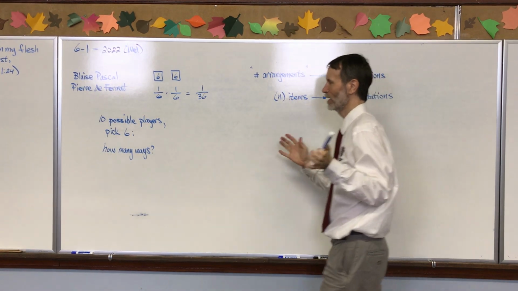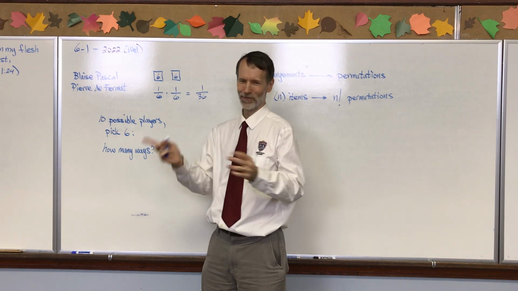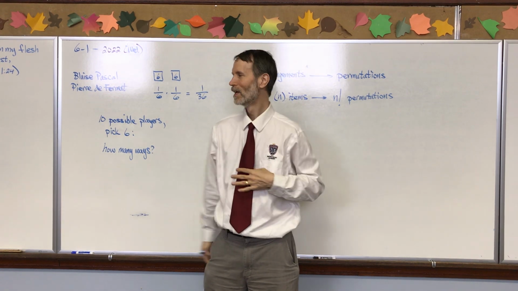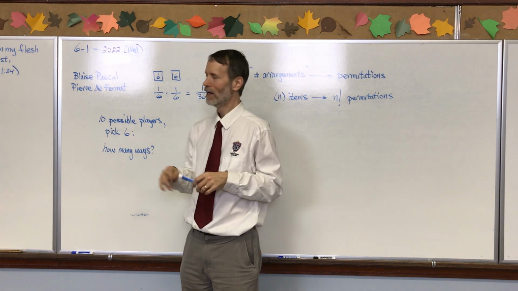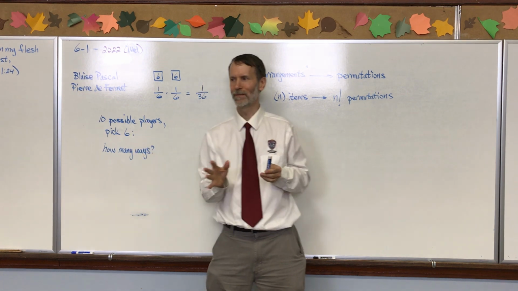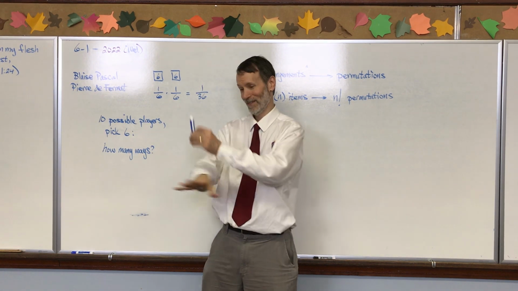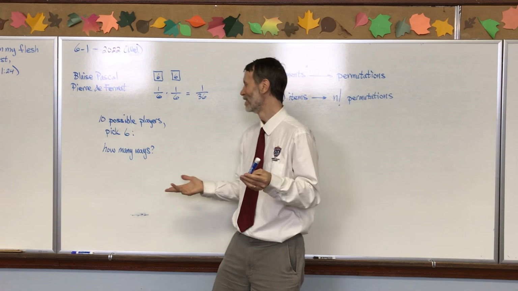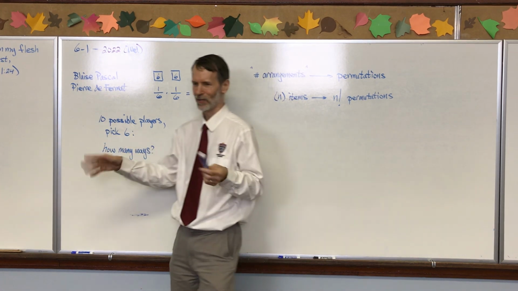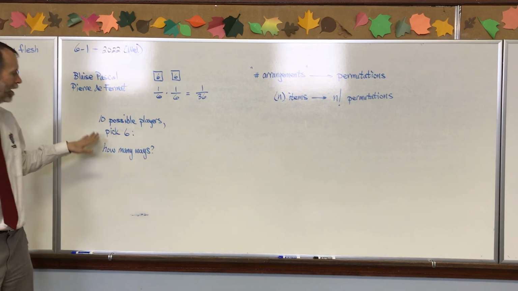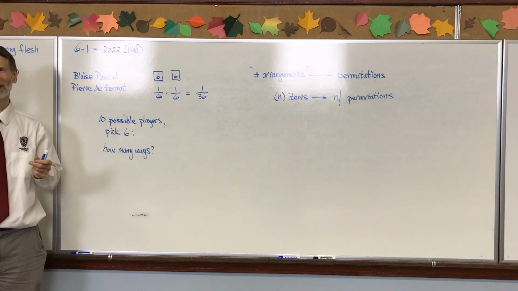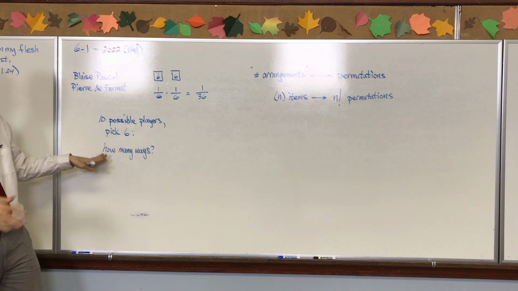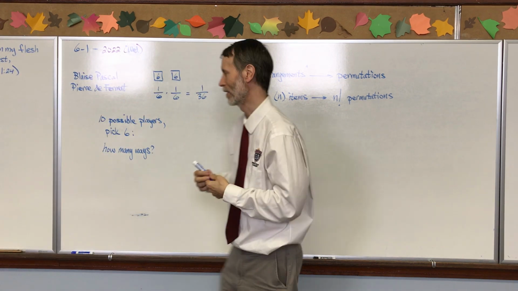If you have 10 possible players and you have to pick 6, normally we rotate them in, but how do you pick the first 6? How many different ways can you do that? Does it matter what order the 6 people come in? No, not really. On the volleyball floor, maybe you want somebody serving first, but pretend they're all pretty skilled. It doesn't matter the order. I have Bill first and then Sally next, or Sally first, Bill next, who cares? I just want to know how many different groups of 6 you can pull out of there.